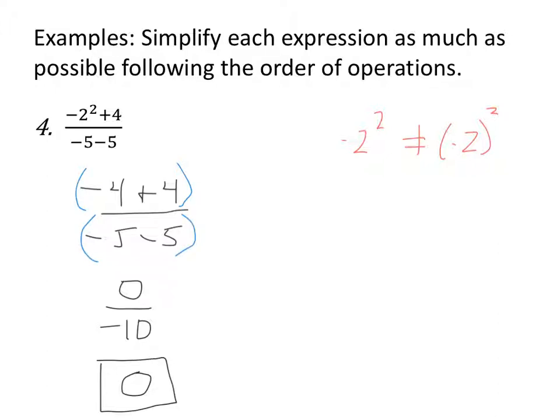When you do this, you take care of the numerator and then you take care of all of the denominator and then you'll divide. So it's almost an unspoken grouping. Take care of the numerator, then take care of the denominator, and then divide. So negative 4 plus 4 is 0. Negative 5 minus 5, negative 10. 0 divided by negative 10 is 0.